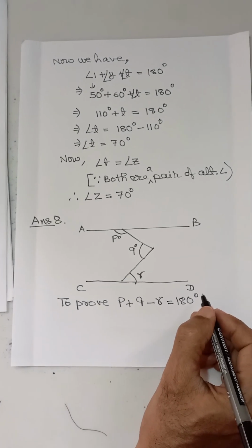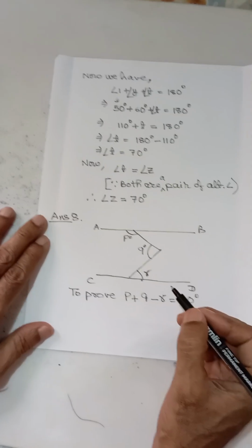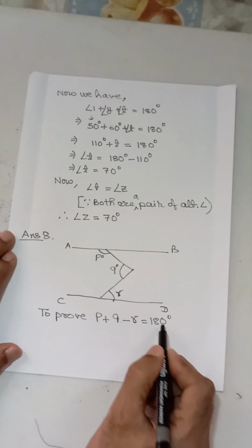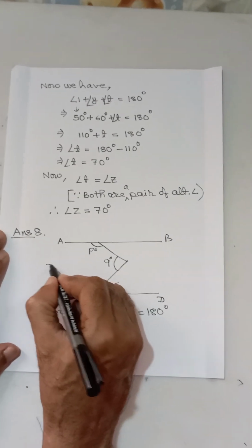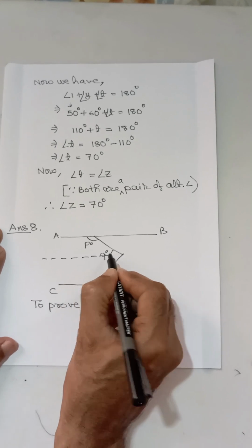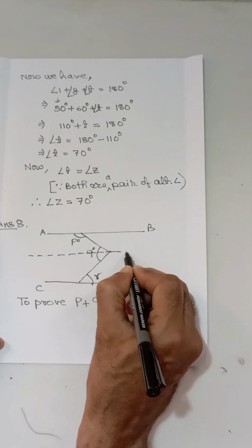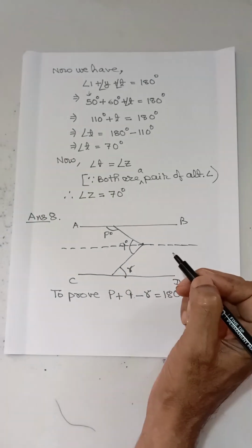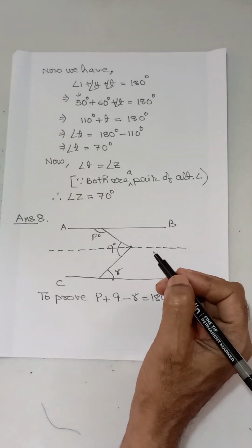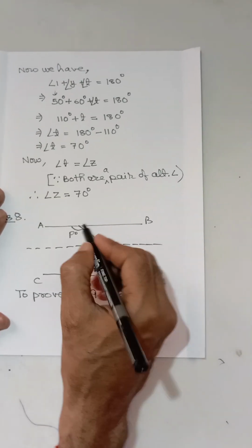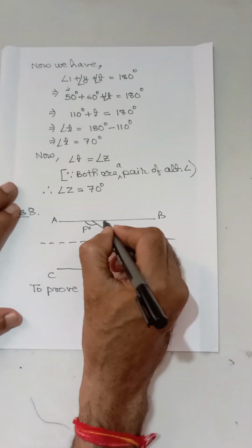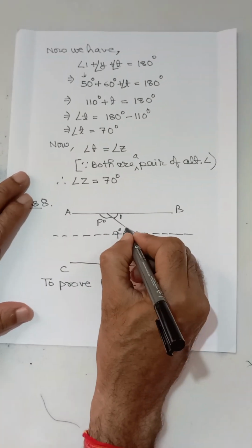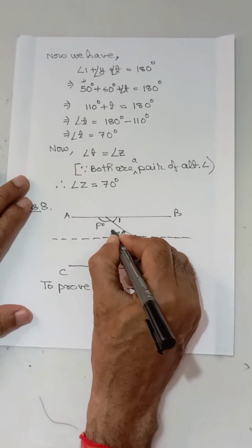So to prove this, P plus Q minus R is equal to 180 degree, we will draw a parallel line from this point. Now let us see, let this angle be 1 and this much angle is 2.